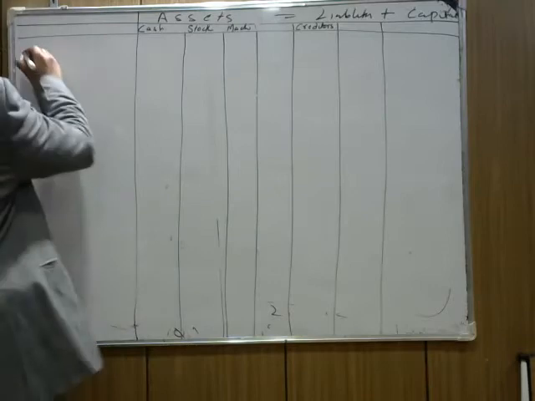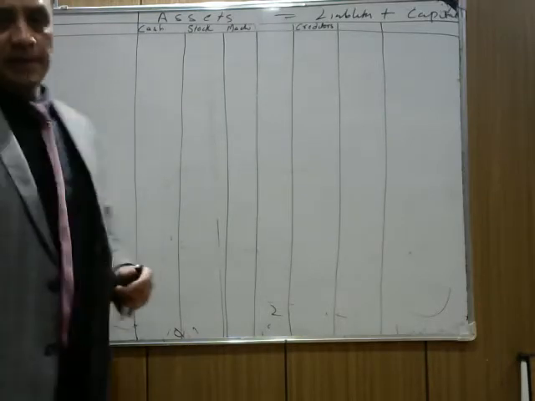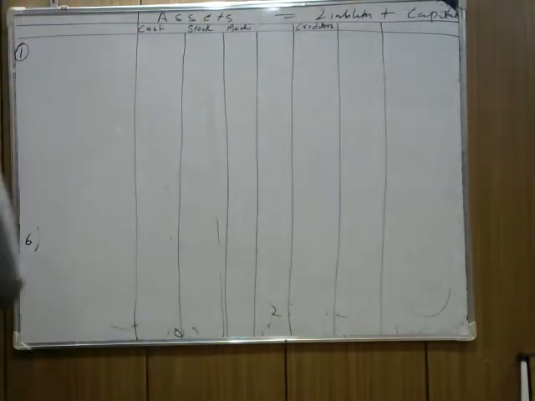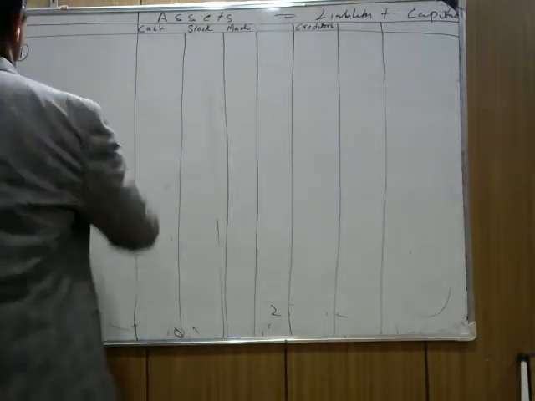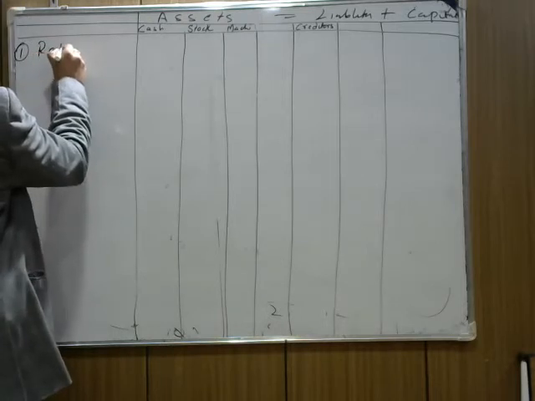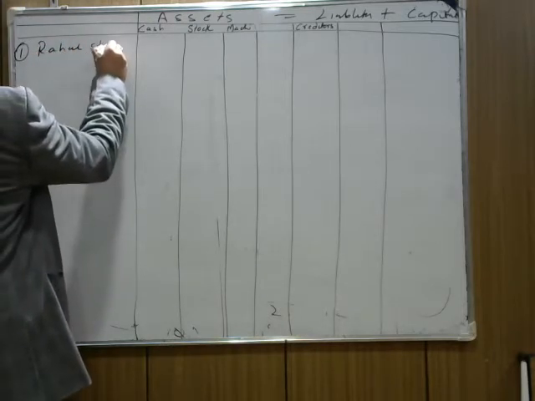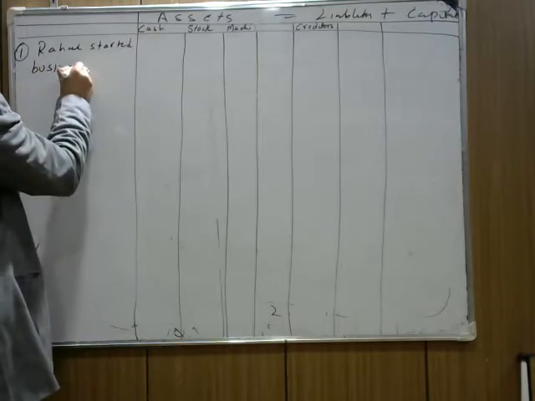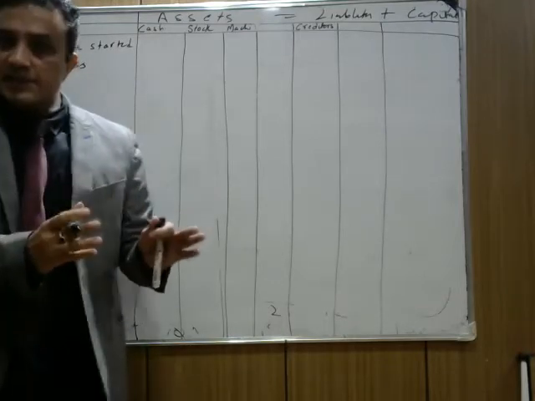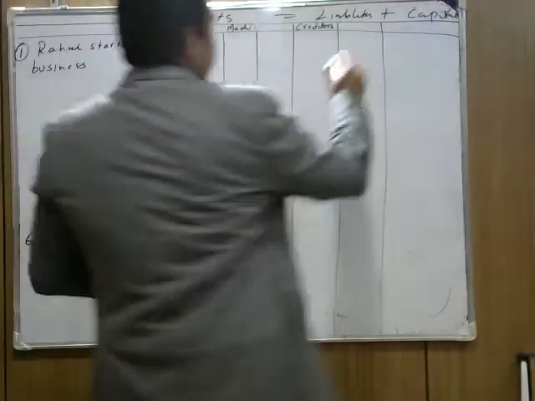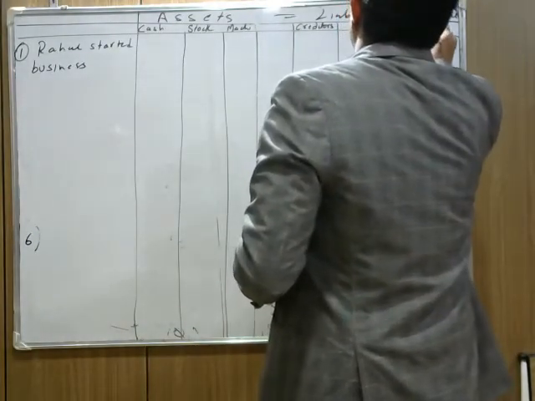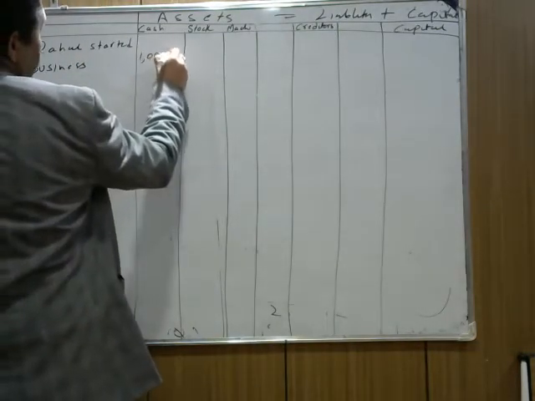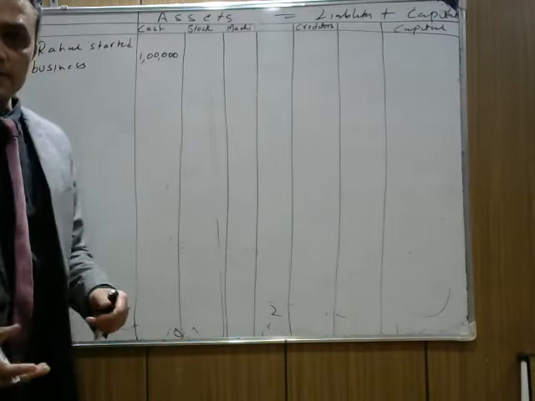To understand the first transaction: Rahul started business with rupees 1 lakh and machinery rupees 50,000. Okay, how much cash did he put in the business? Check it again. He put 1 lakh rupees as cash. I write 1 lakh in cash because it increased the asset. Cash is an asset.